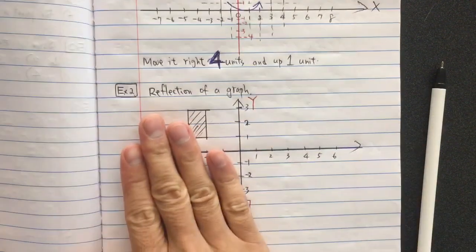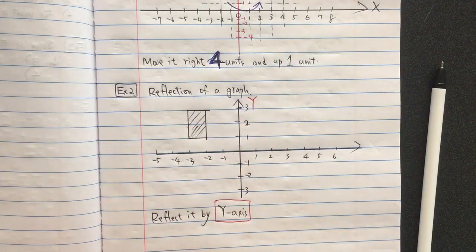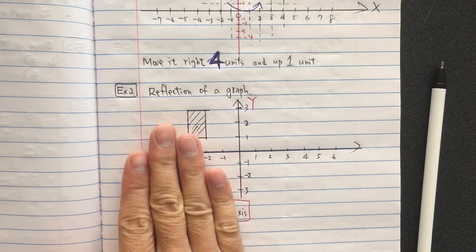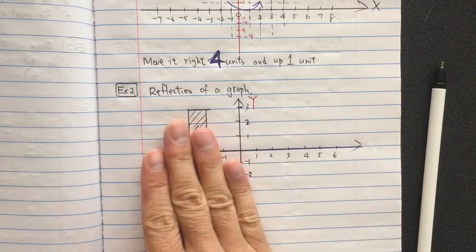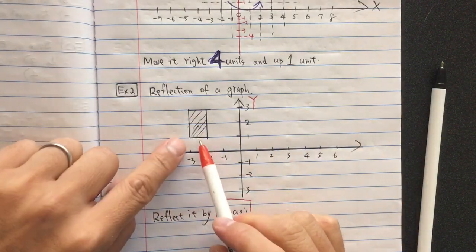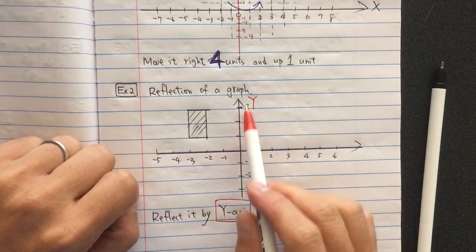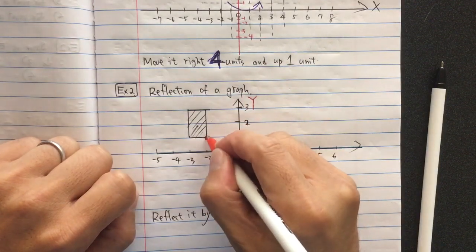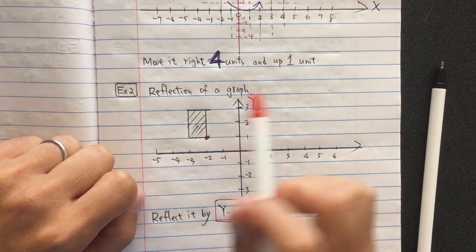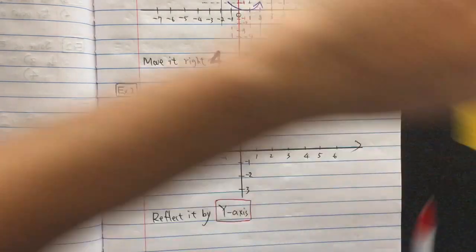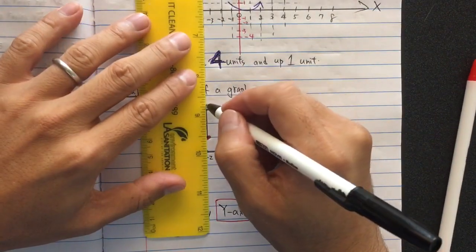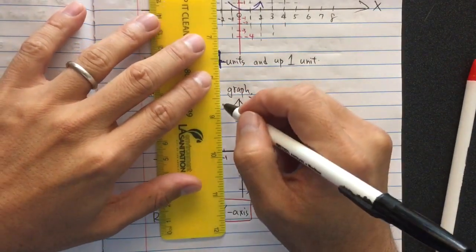Now I will show you. This is called reflect. That means we still keep the same distance from the y-axis. So let's take this point. Here, make a dashed line, that will be easy to remember.